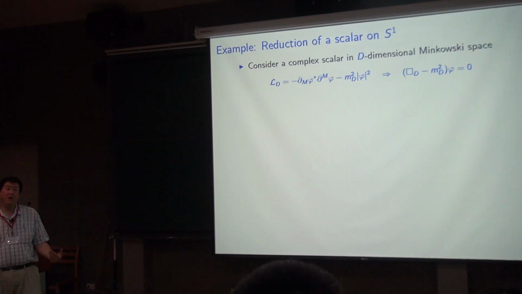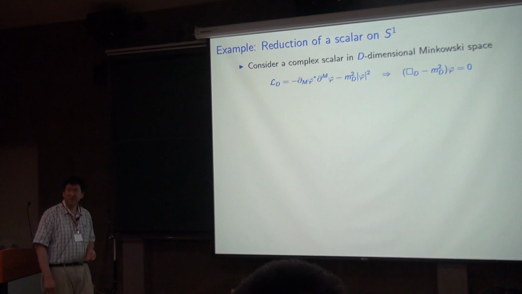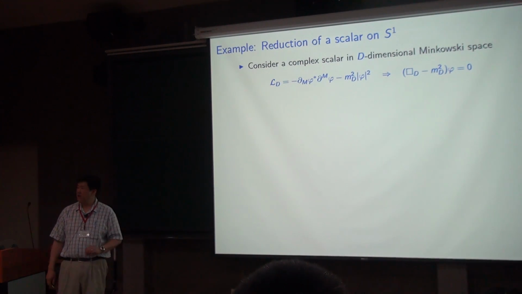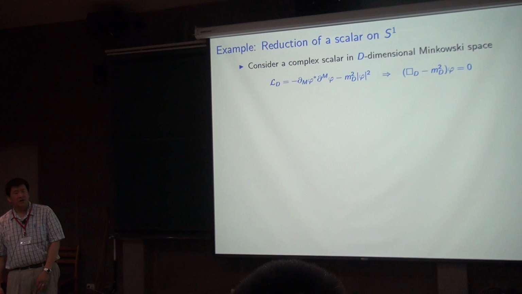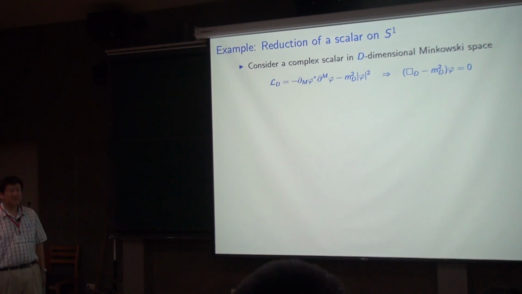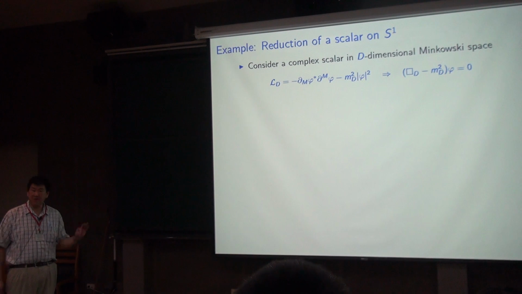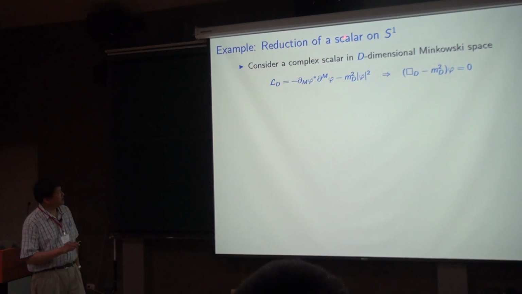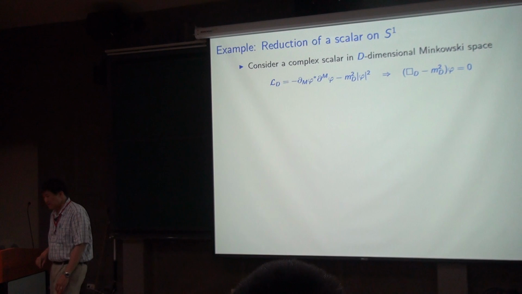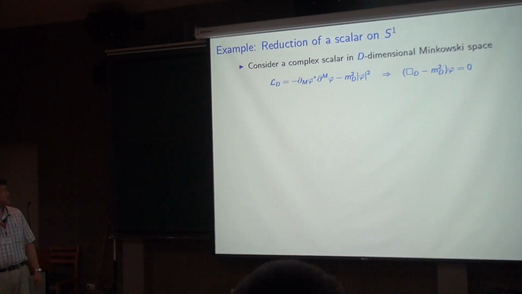This is an idea of unification of gravity and electromagnetism. But let's start simpler and just consider a scalar field in 5 dimensions or in higher dimensions. Sometimes I'll just say 5 dimensions compactified to 4 for simplicity. But in general, it's capital D dimensions compactified down to some lower number of dimensions.